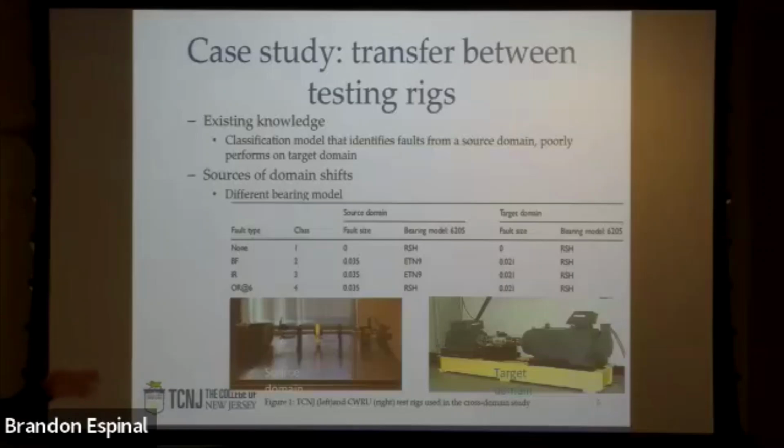But if you took that model and took it to a different motor that you didn't train it on, it would be completely useless, right? Because the model was only trained on the specific motor that you have all the data for, and it's not really useful on other motors.